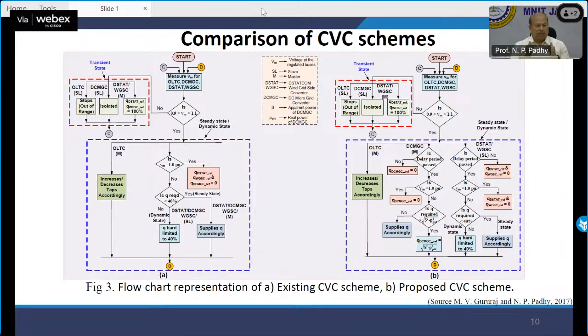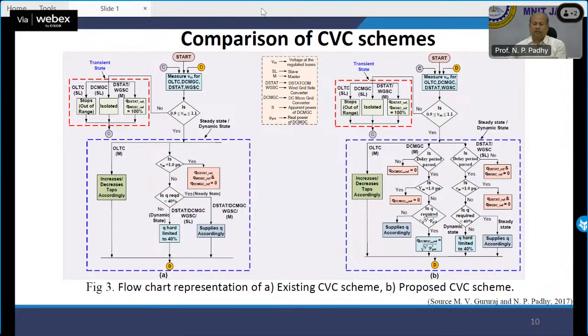So then we come to the bottom one. When I come to the bottom one, which is either steady or dynamic, now, if the voltage is at 1 per unit, that means it is fantastic. If it is yes, then everything will be at their operating points, all at their reference point.